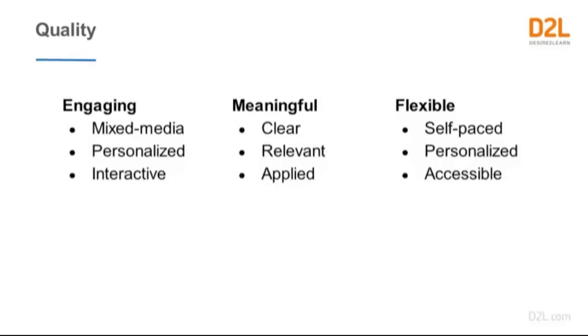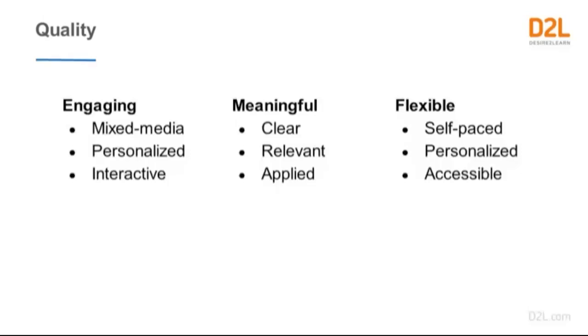And then I'm just going to skip over personalized because we've talked about that quite a bit already with the questions as well. But when we're talking about accessibility, this is such a key point for online learning. It would take an entire other session or two to actually really talk through this, so I'm not going to say too much about it, but I encourage you all to look into universal design and accessibility to make sure that you're creating a quality learning experience that's considering universal design principles.